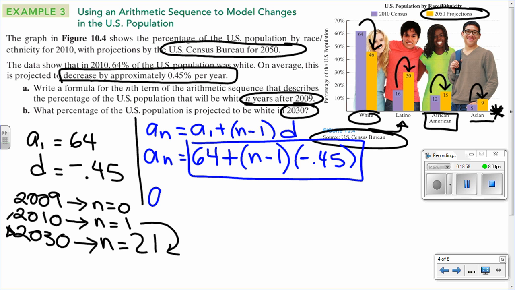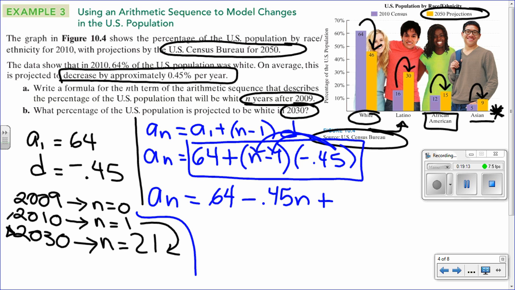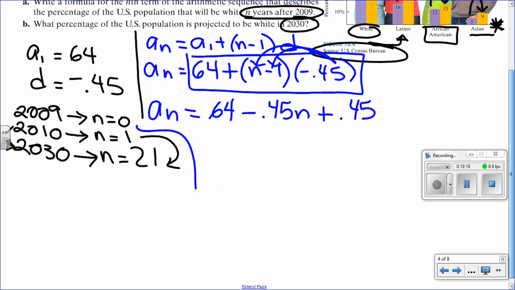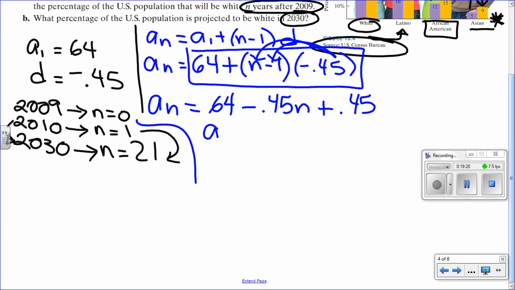However, if you simplify it, and I'm going to do that so you can see how it is a linear function, I'm going to distribute that negative 0.45 with the n, so negative 0.45n, and then negative times negative is positive, so positive 0.45. And from there, a sub n will be 64.45 if I combine like terms, the constants.